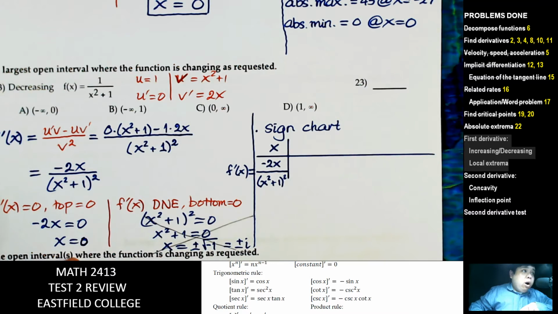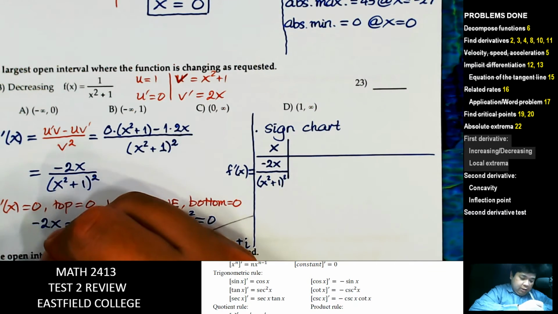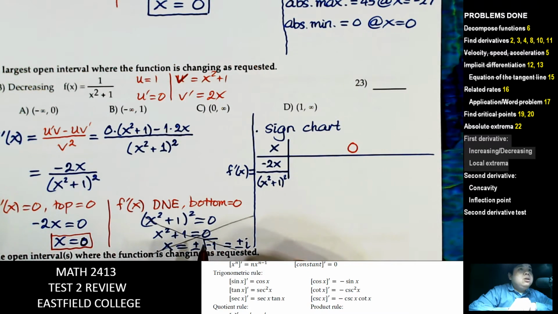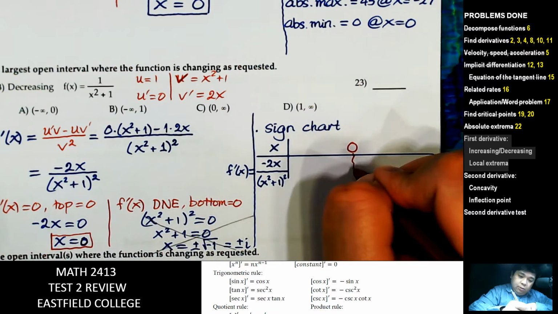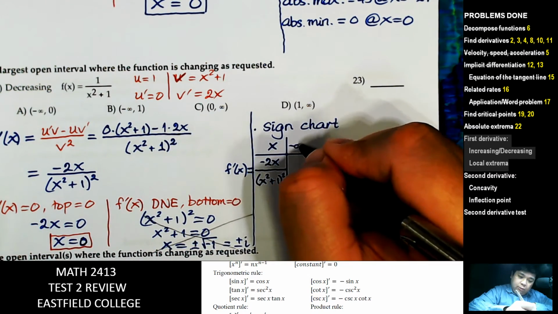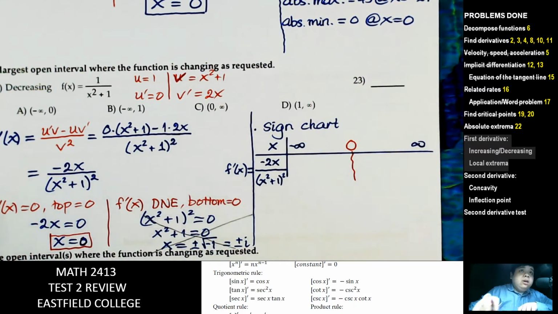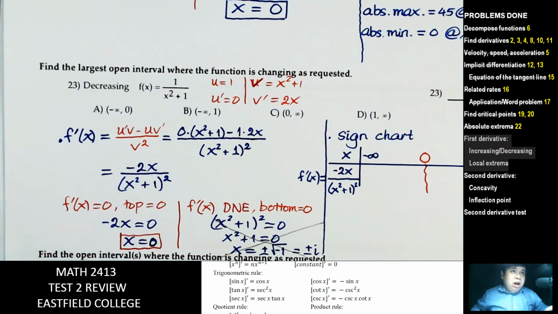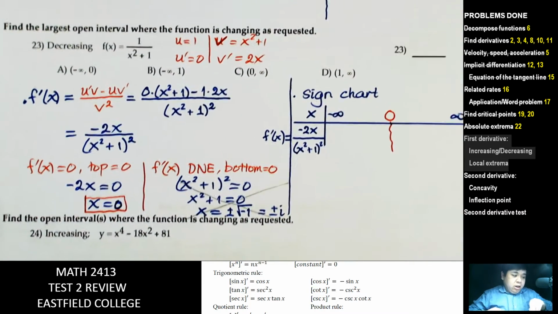Now we only have one point, x equals 0, so it divides the number line into sub-intervals.